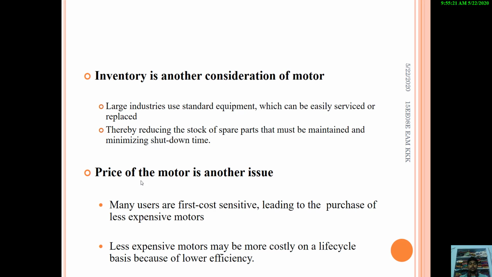The less expensive motors may be more costly on a life cycle basis because of lower efficiency. We already know that when we go towards low cost, the efficiency of any system will also go down, that is, cost and efficiency are directly proportional.